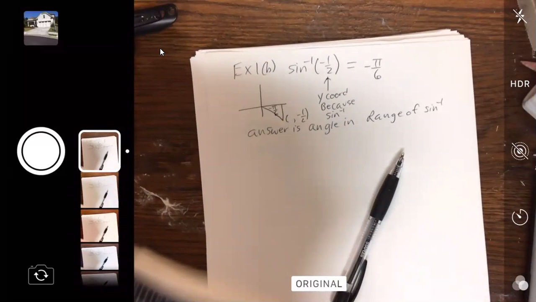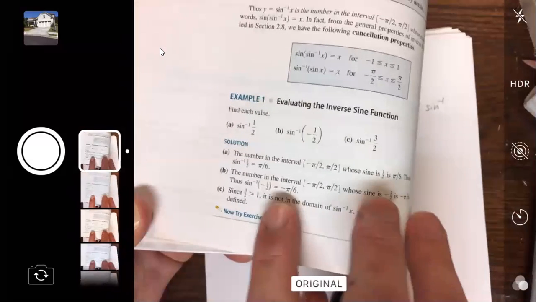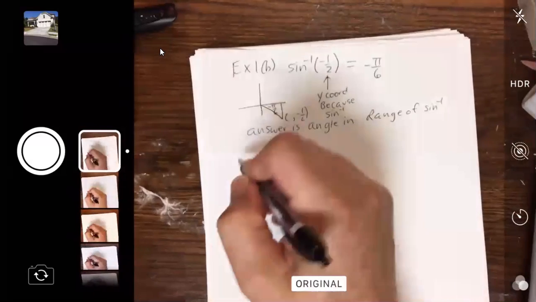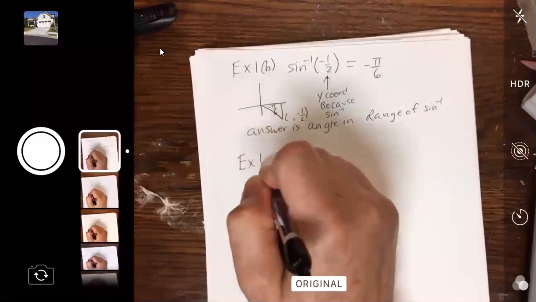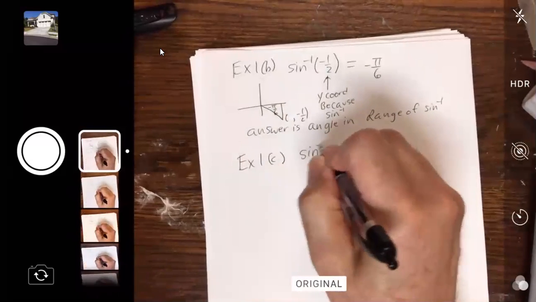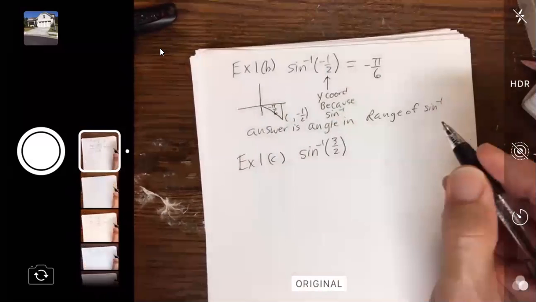And we froze. We're back. All right, so when they do example 1c, arc sine 3/2, this is a trick.